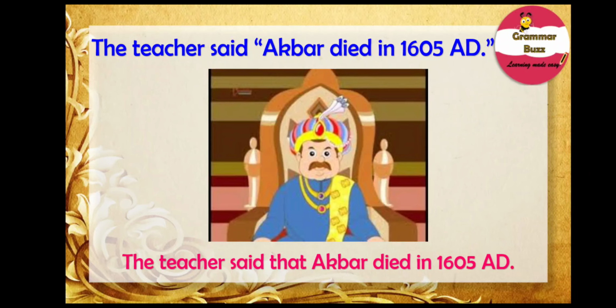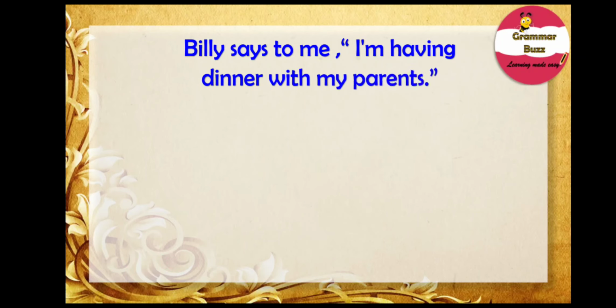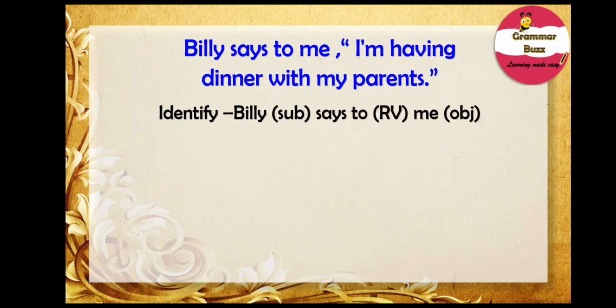Let us move on with the next example. And our example sentence is, Billy says to me, I am having dinner with my parents. So let us start with the 6 steps of conversion, and the first step is identification.